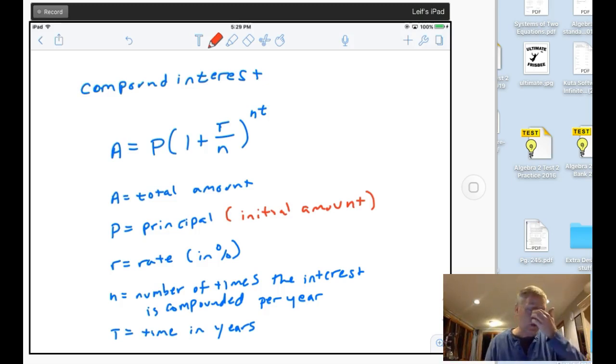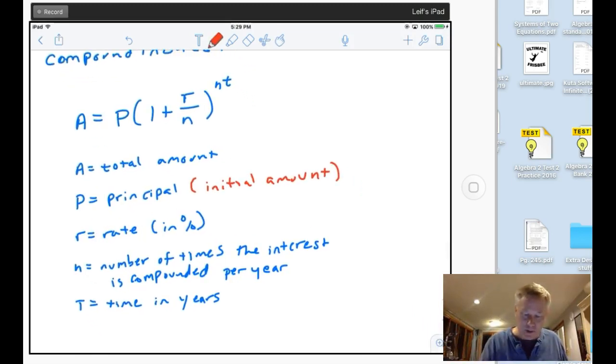Usually it's monthly. But in some math problems, they change that around. So if it was annually, that would be once, okay? If it was biannually, that would be twice per year. Quarterly would be 4 times per year, okay? But usually it's monthly, which is 12 times per year, sorry.